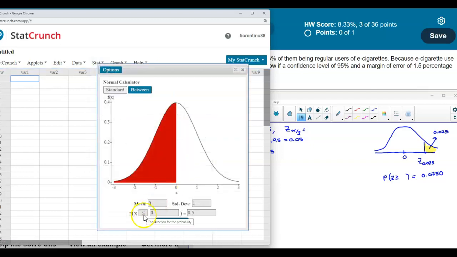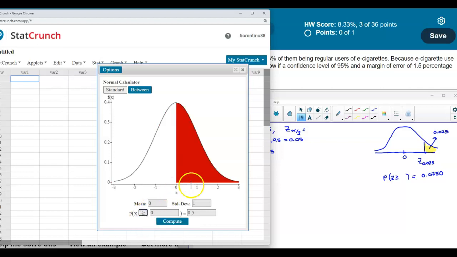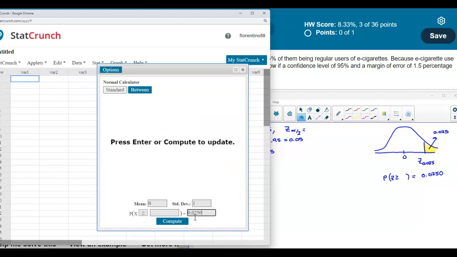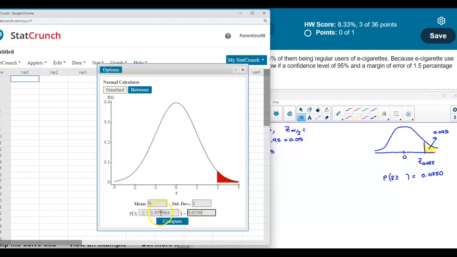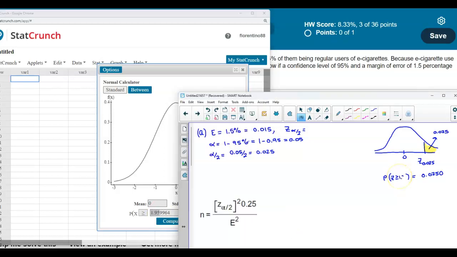We want to make sure that we have the area to the right, so we point the inequality to the right. We put in the area of 0.0250, press enter, and round our critical value to 2 decimal places, and we get 1.96. So that critical value is 1.96.